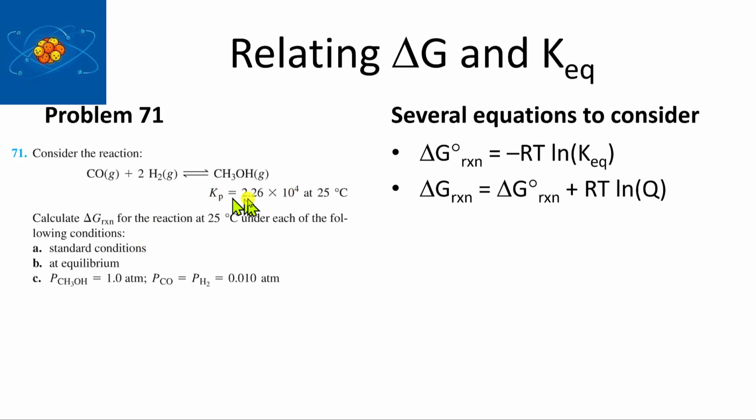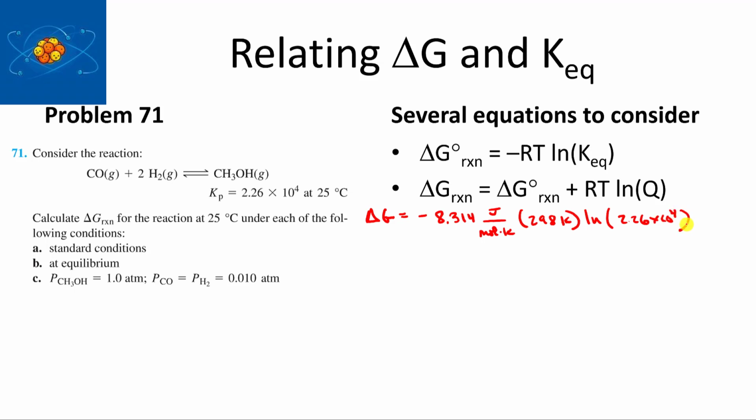All you need is the equilibrium constant under standard conditions, and I can calculate delta G is minus R, which is again 8.314 joules per mole times Kelvin, times 298 Kelvin, times the natural log of the equilibrium constant, which is 2.26 times 10 to the fourth.